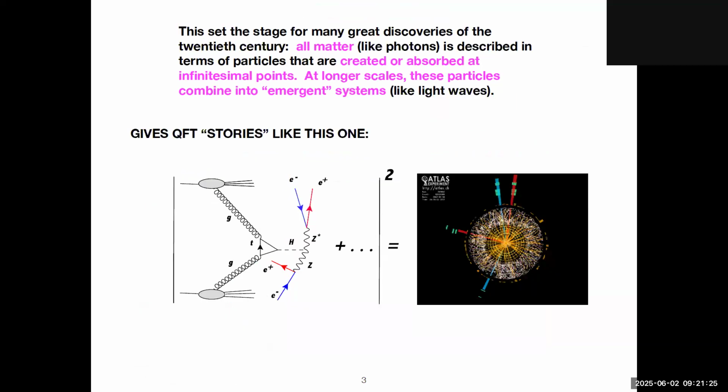So again, with these very general observations, this invention of the concept, this realization that fields manifest themselves as quanta, set the stage for many great discoveries in the 20th century. All matter, including photons, is described in terms of particles that are created or absorbed at infinitesimal points.